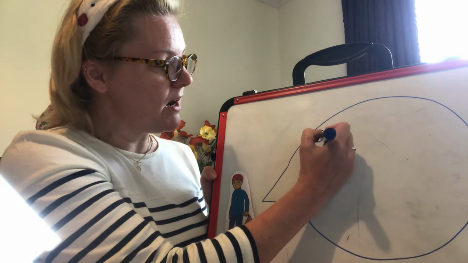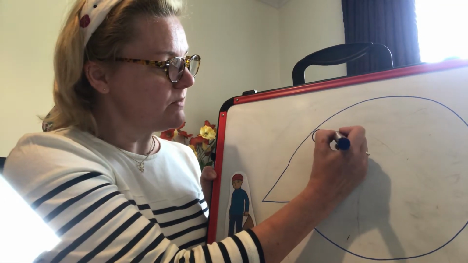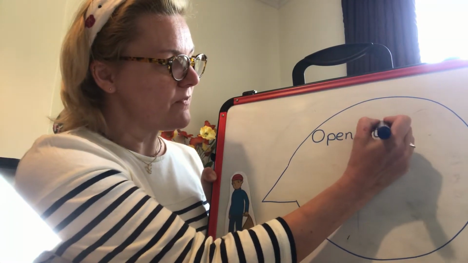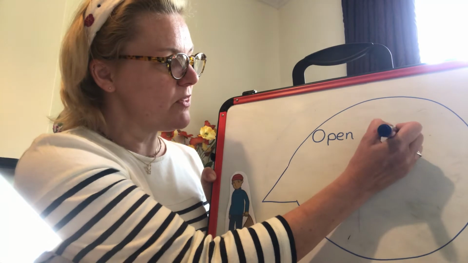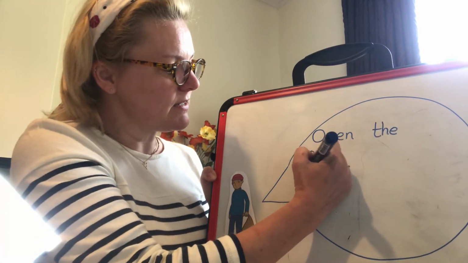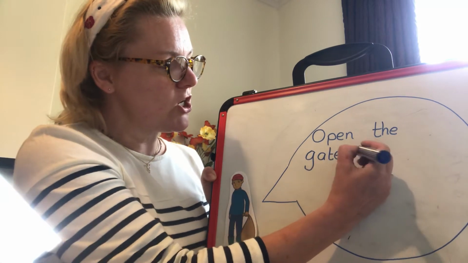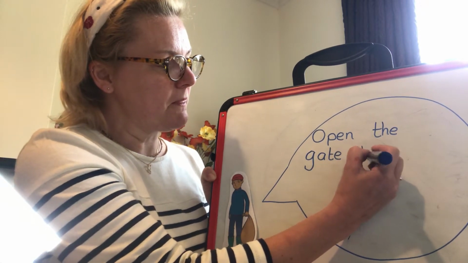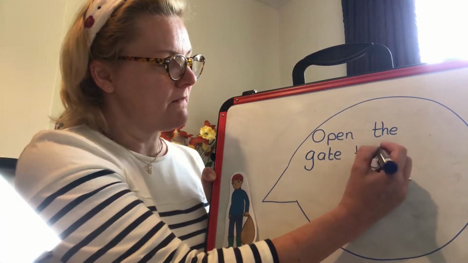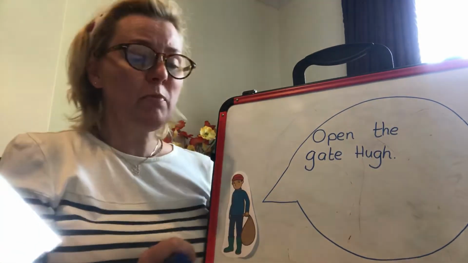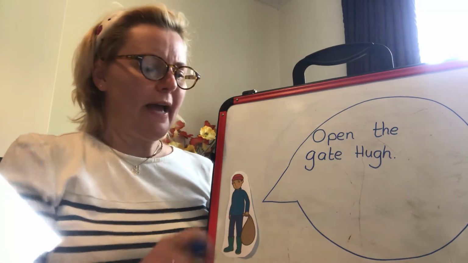Open. Now we know how to write the word the. It's a really important one. Open the gate. And he's going to be saying it to his friend Hugh. Okay, so that's what he might be saying. Open the gate, Hugh.